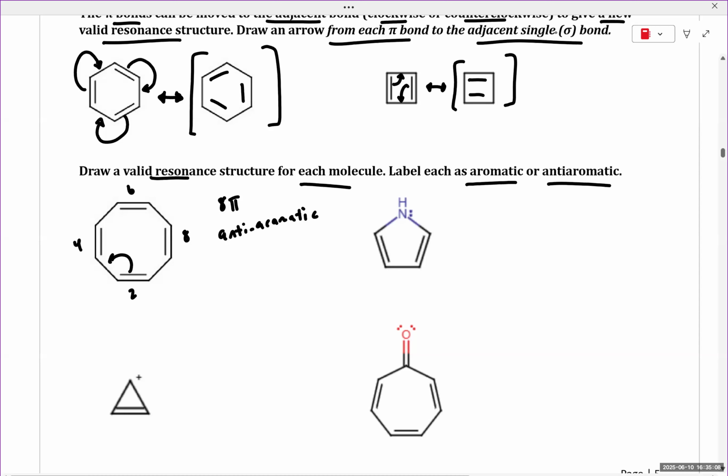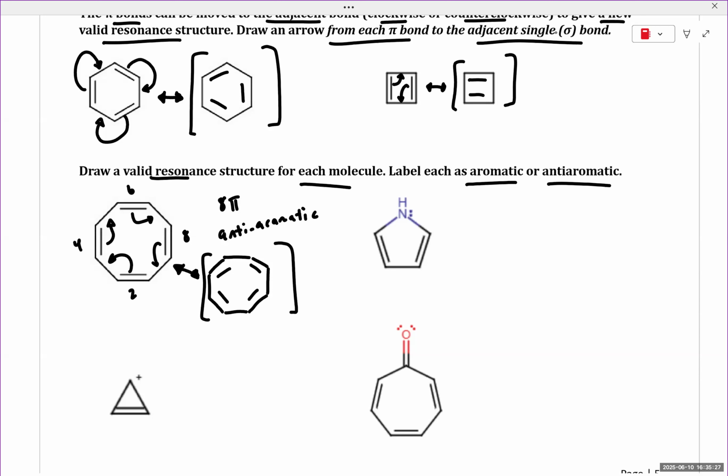We can take our pi electrons and push them over one carbon to generate a new set of pi bonds. This in turn gives us the following valid resonance structure. Almost looks like a stop sign.